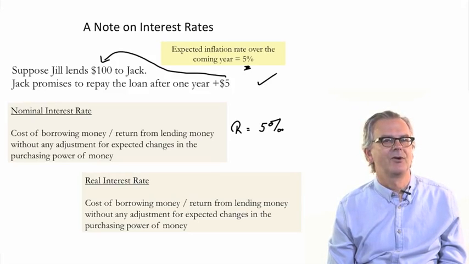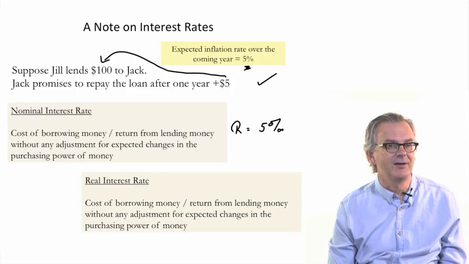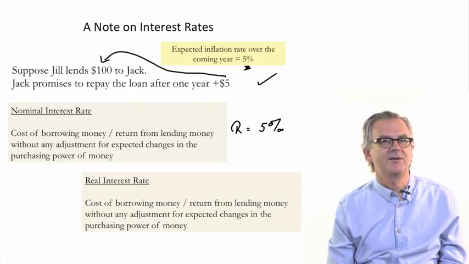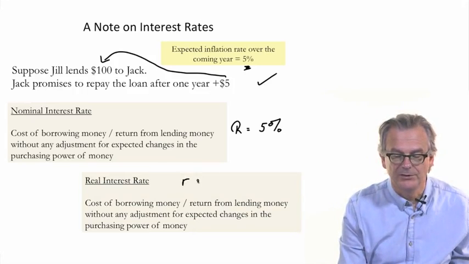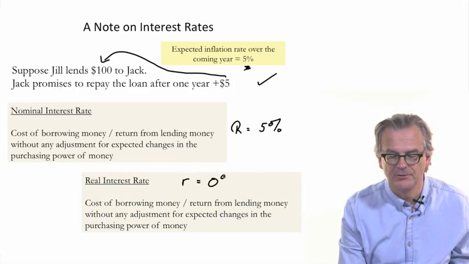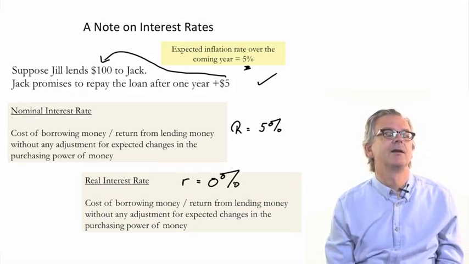She had $100 of real purchasing power at the beginning of the year. She's ended the year with $105, but the real purchasing power of that $105 is no different to the real purchasing power of the $100 at the start of the year. In real terms, Jill has gained nothing.